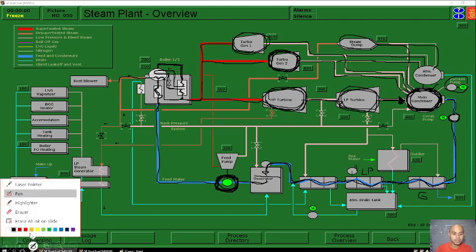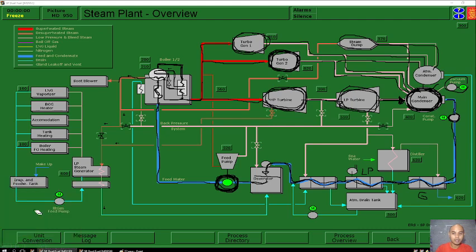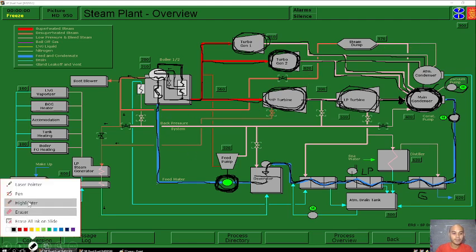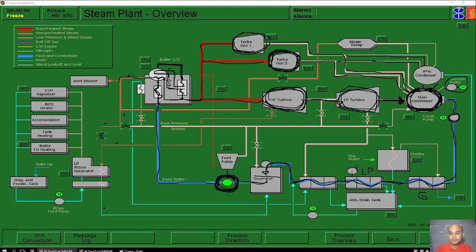This is a separate line, so it's on the other way around. Okay, so from here pala yan papunta doon, hindi pabaliktad, sorry. Okay, going to the atmospheric condenser and then going to our drain tank here.